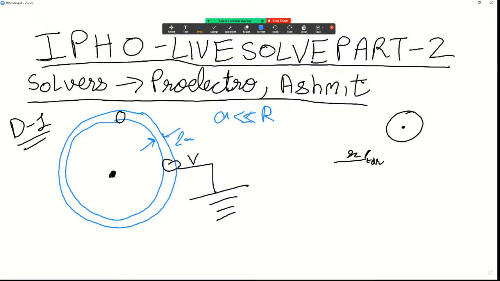Then if we take an element at theta from here, then we have this A, and this element would be A d theta.